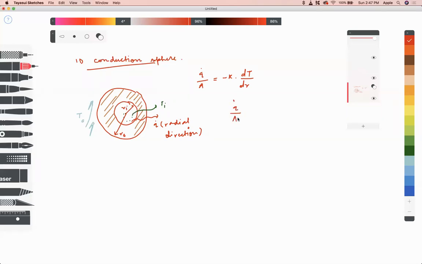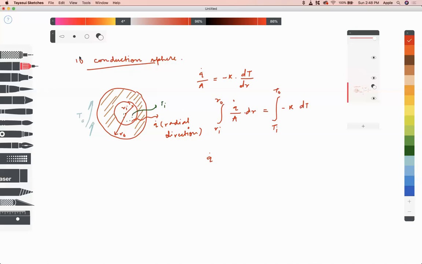Q dot by A into dr is equal to minus k into dT, and if we integrate, this will be from ri to r naught, and this will be from Ti to T naught, and Q is constant, so it will be coming out.